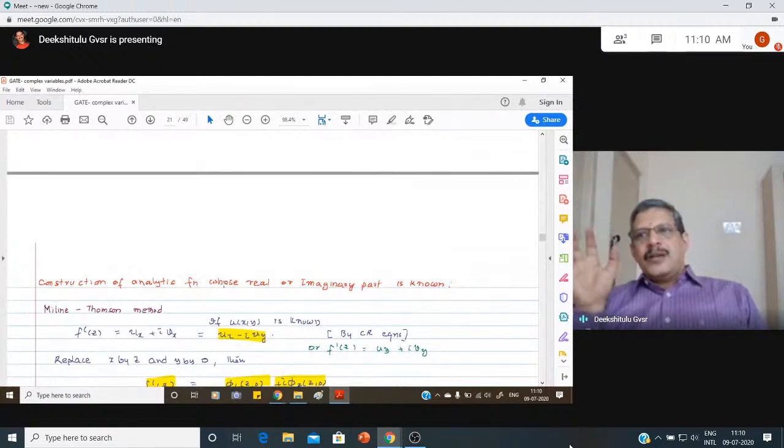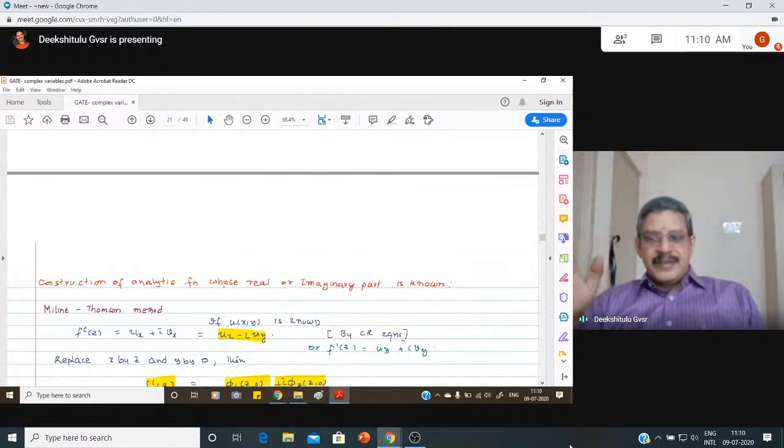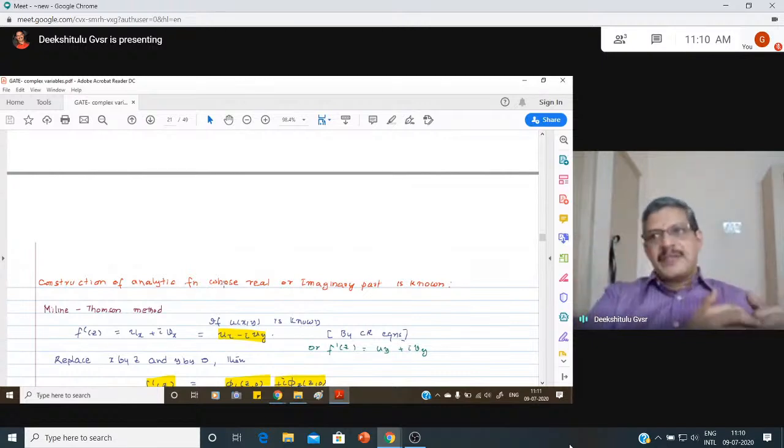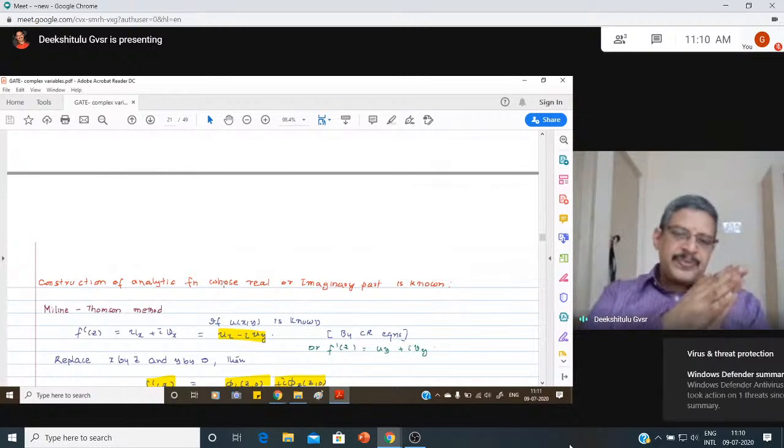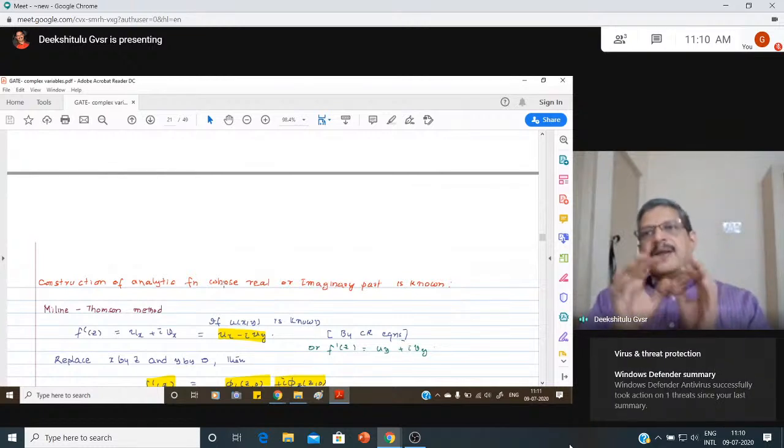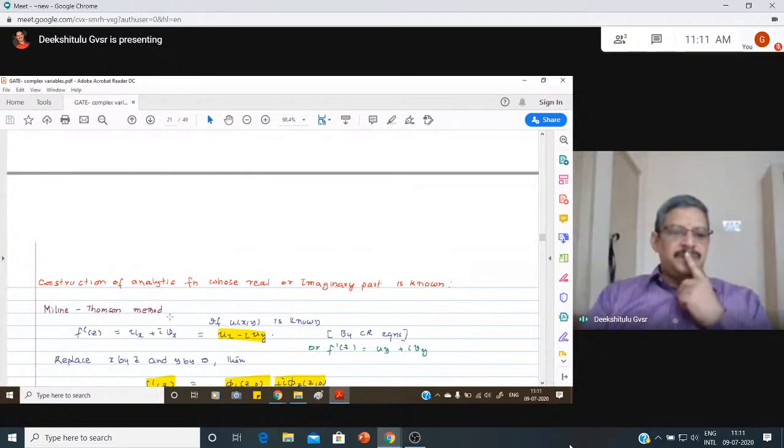If we know that the unknown function f of z is analytic, and u or v, one of these two things, is given to you, we know that this is the real part or imaginary part of an analytic function. Then what is the other part? That means if the real part is given, how to construct the imaginary part, or if the imaginary part is given, how to construct the real part, provided u plus iv is analytic. That is what we do.